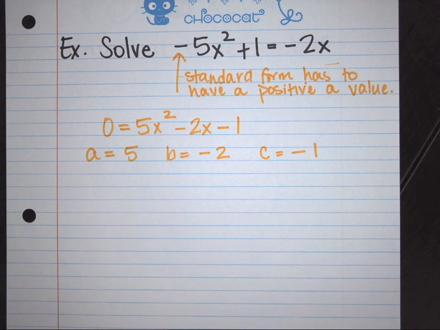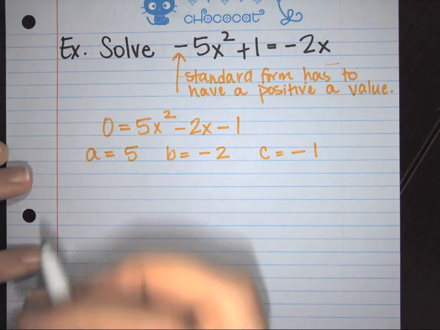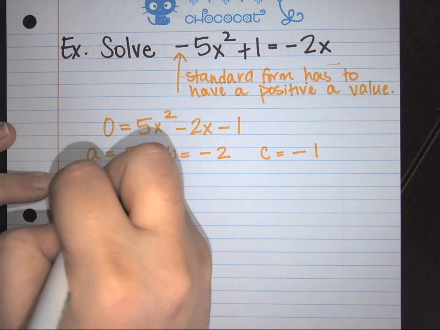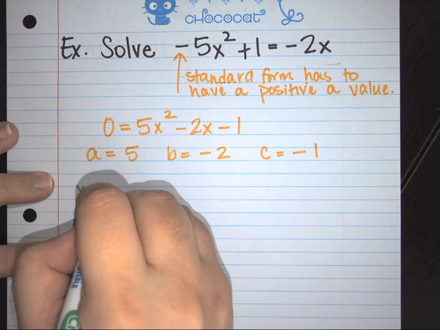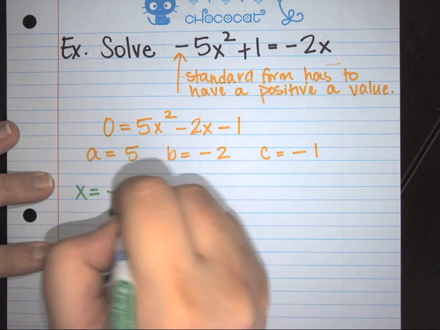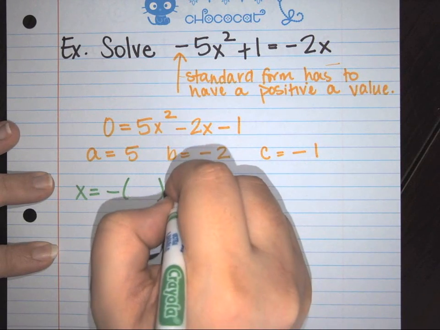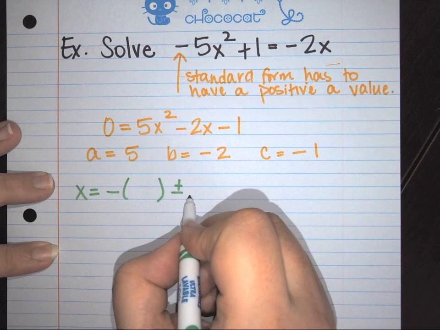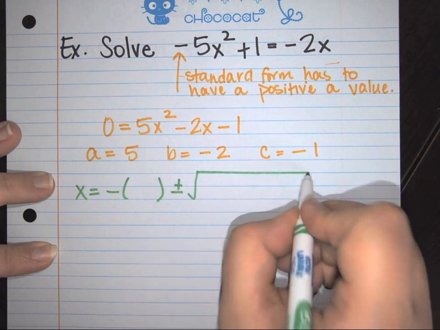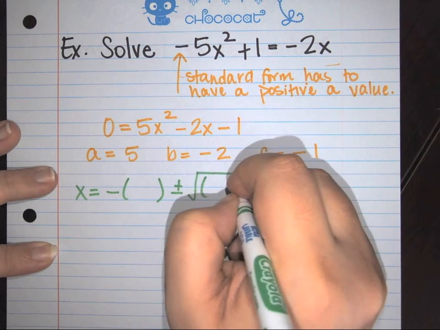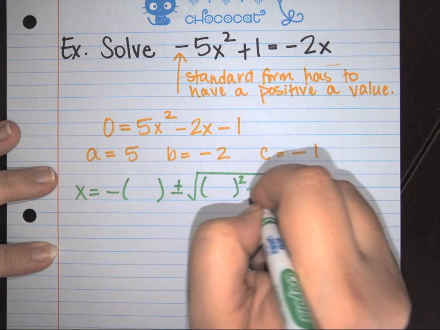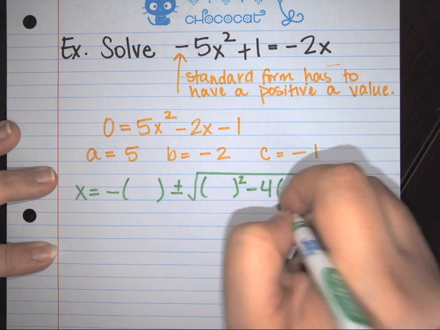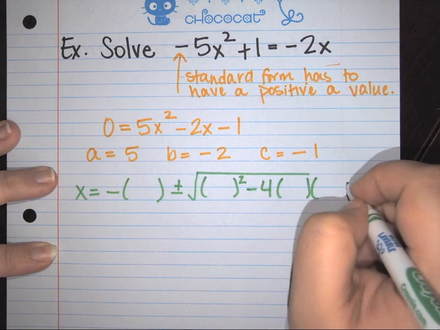So I have my same formula that is set up by saying x is equal to negative of something plus or minus the square root of something squared minus 4 times something times something.